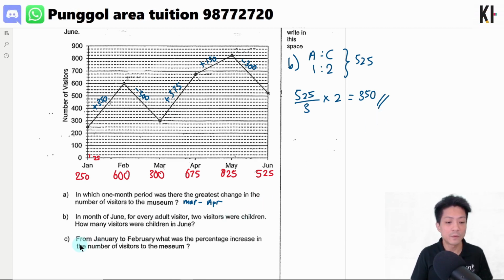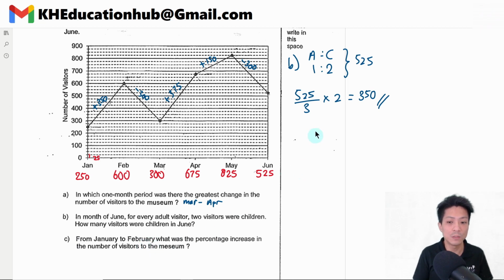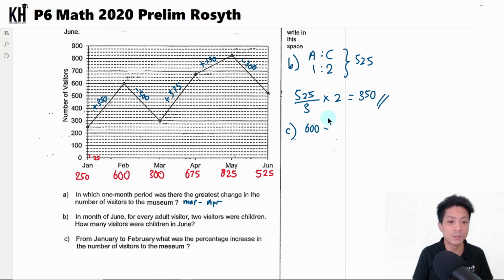Part C: from January to February, what was the percentage increase in the number of visitors to the museum? For part C, we need to find out the increase. I've already found the increase, which is 350.